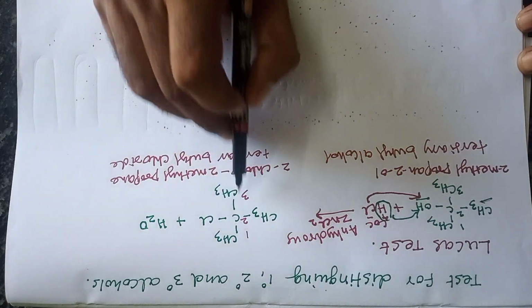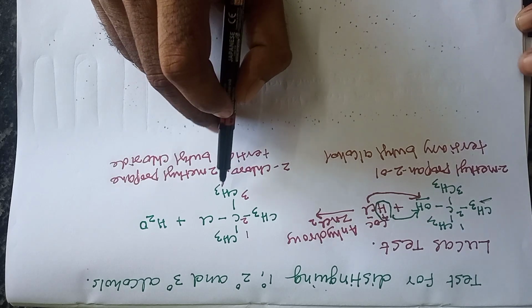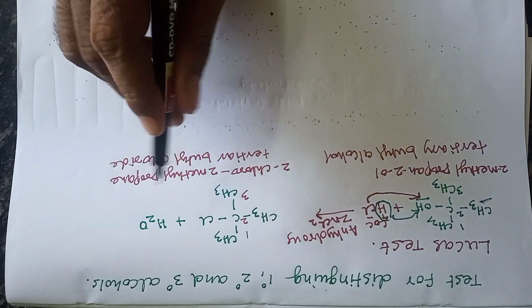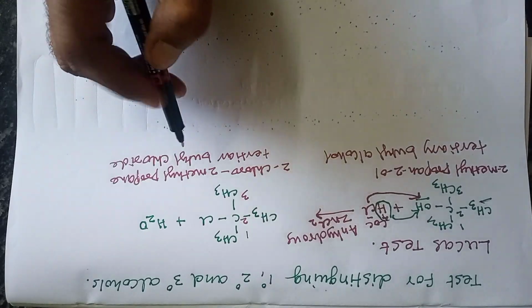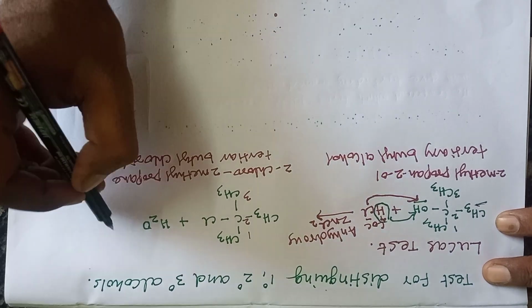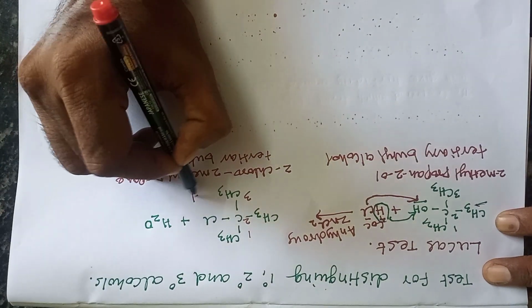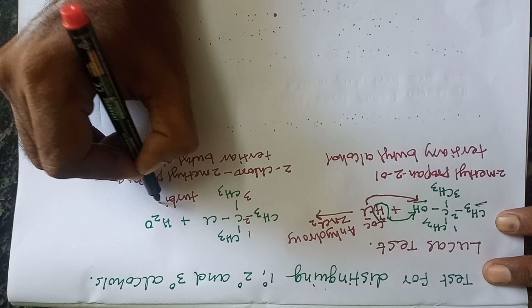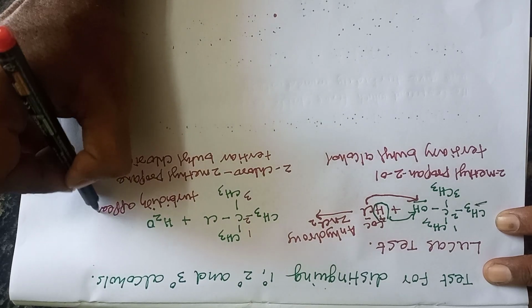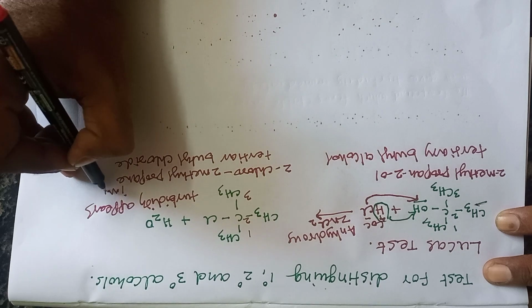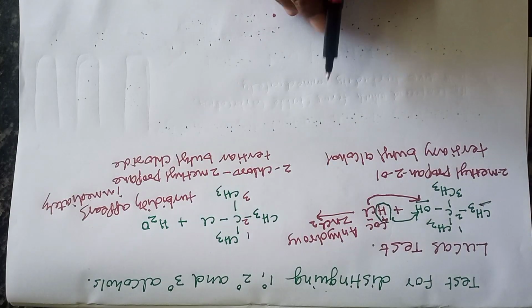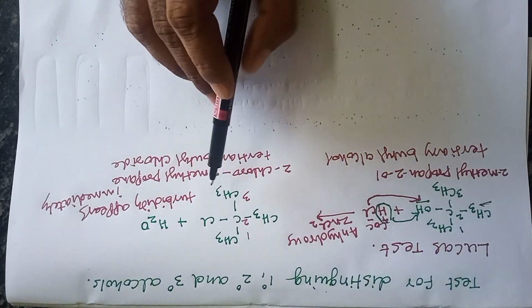This is an alkyl chloride. Due to the formation of alkyl chloride, there is an immediate appearance of turbidity. What is the reason for the formation of turbidity?